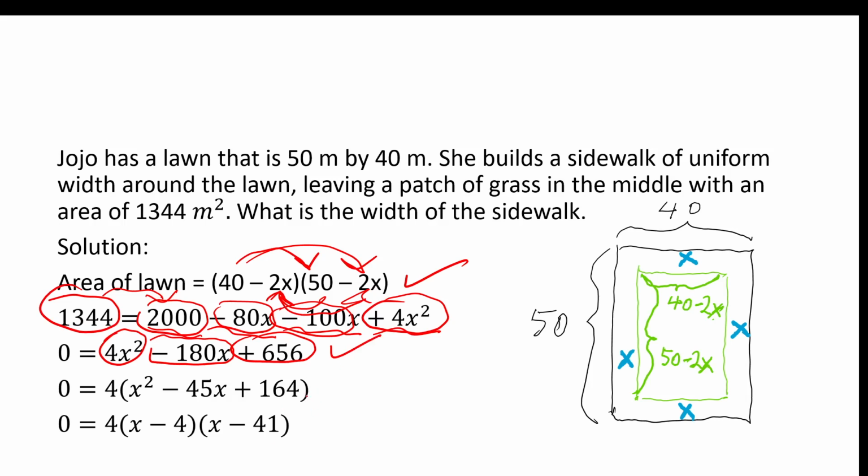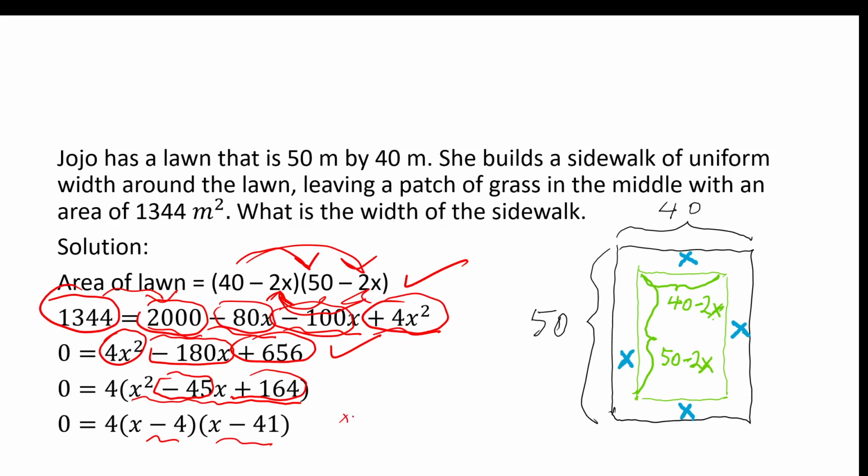Now we can factor 4 out, and we're left with x squared minus 45x plus 164. Two numbers that add to negative 45 but multiply to positive 164 are negative 4 and negative 41. So 0 is equal to 4 times x minus 4 times x minus 41.